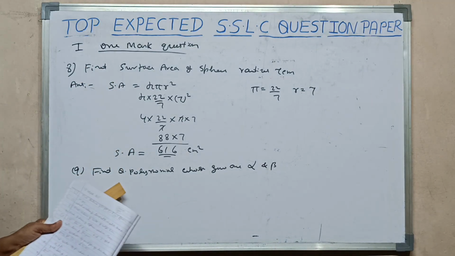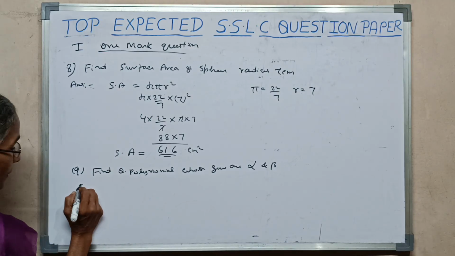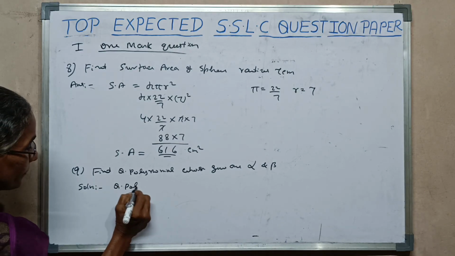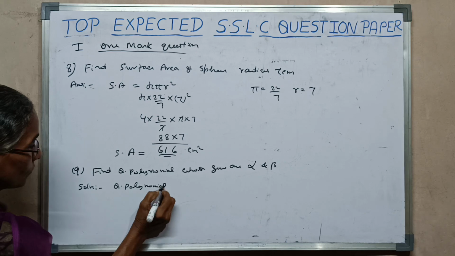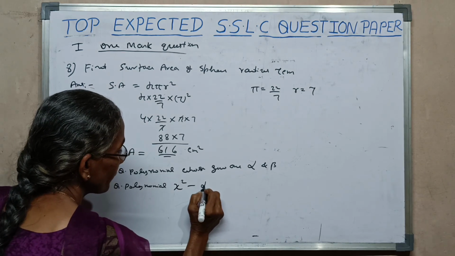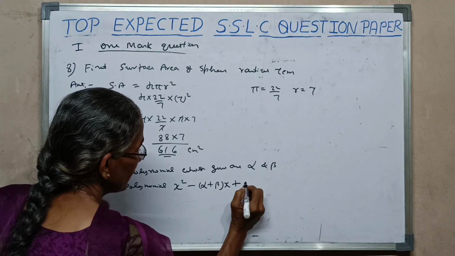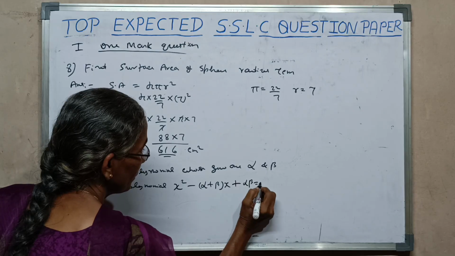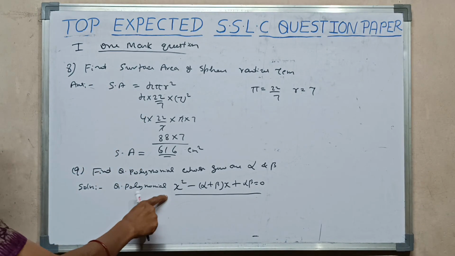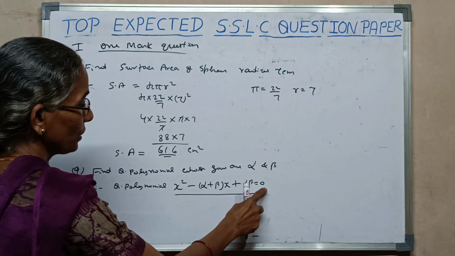So for taking this question, first we know the formula of quadratic polynomial. Here solution is quadratic polynomial is x square minus sum of the roots alpha plus beta into x plus product of the roots alpha beta equal to 0.